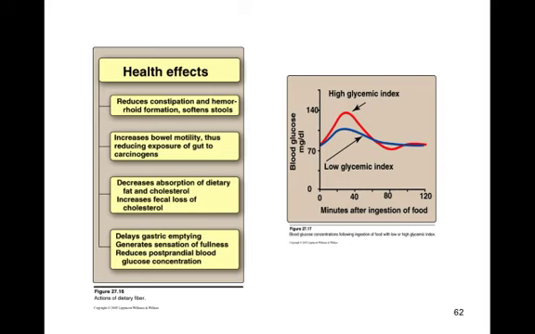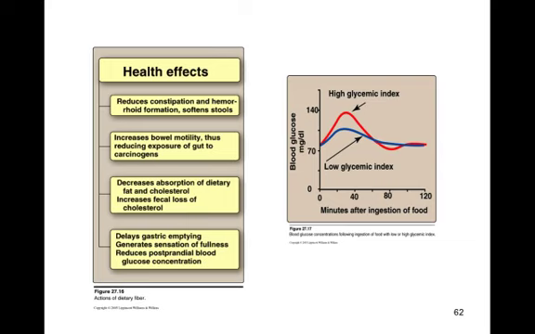So, some of the health effects of fibrous foods is they tend to reduce constipation. They soften the stools by acting as a colonic broom. They increase bowel motility, which is they increase the movement in the bowel, and while doing that, they reduce the exposure of the gut to carcinogens.